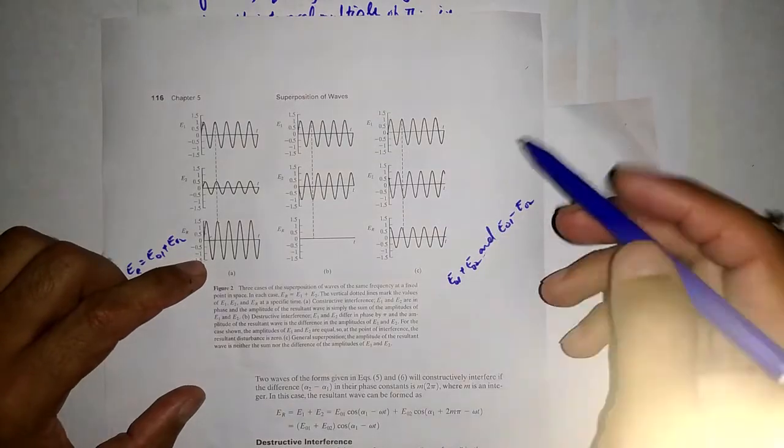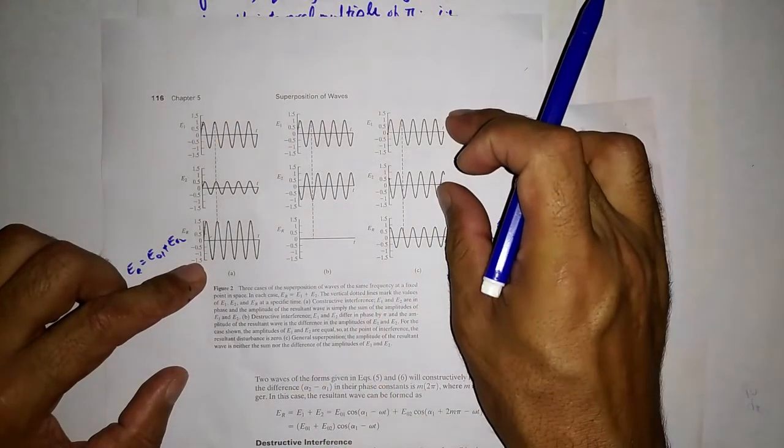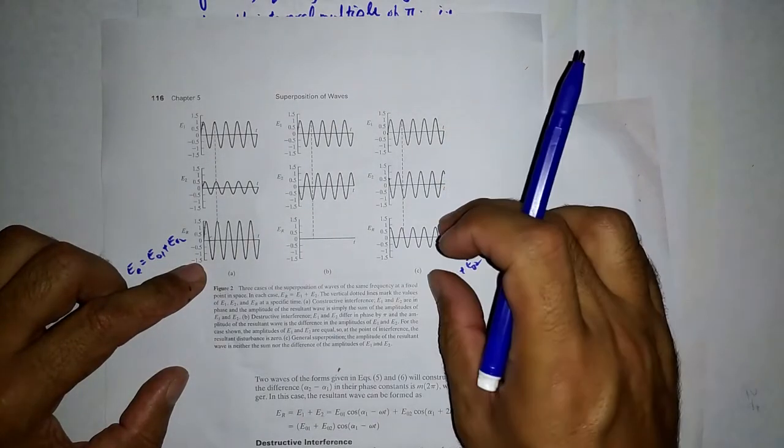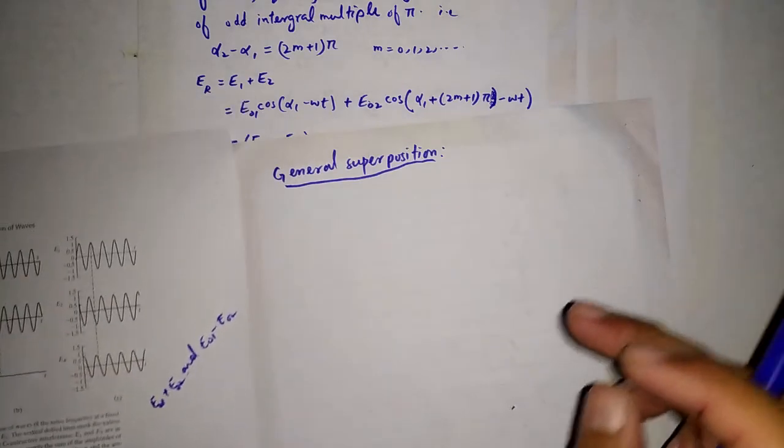That means their amplitude will be between the amplitude of their sum and the amplitude of their difference. Clear? So that is the intermediate value of the amplitude.